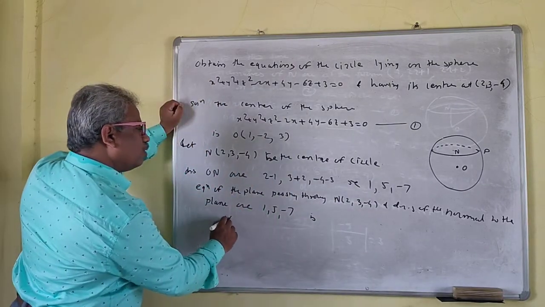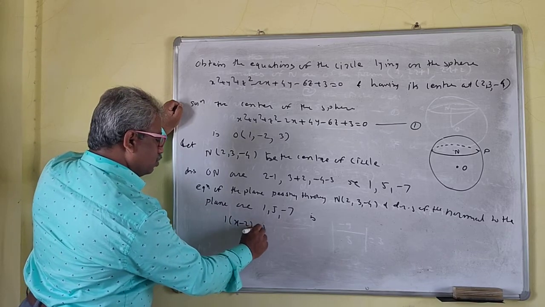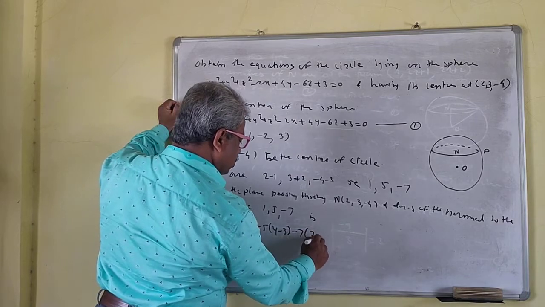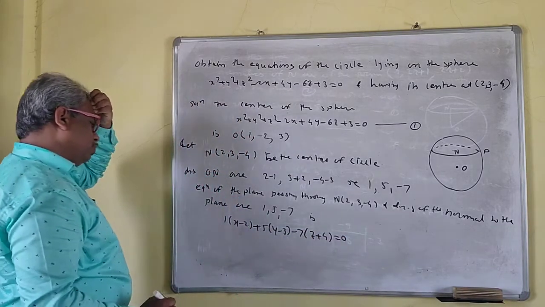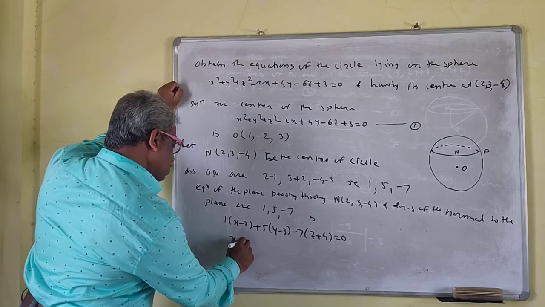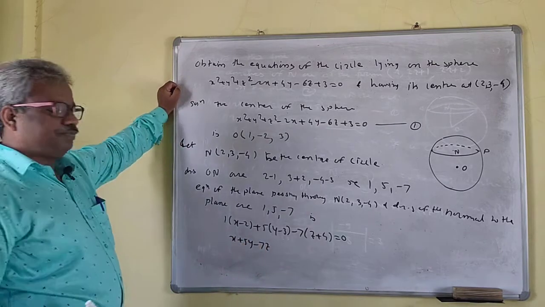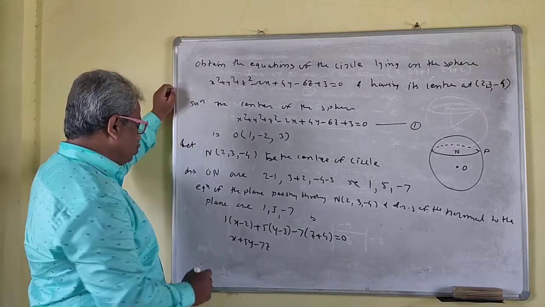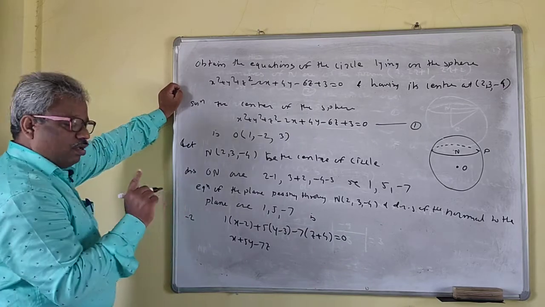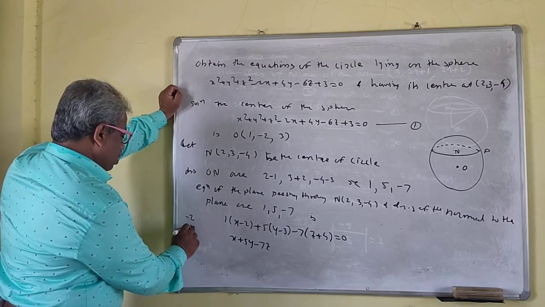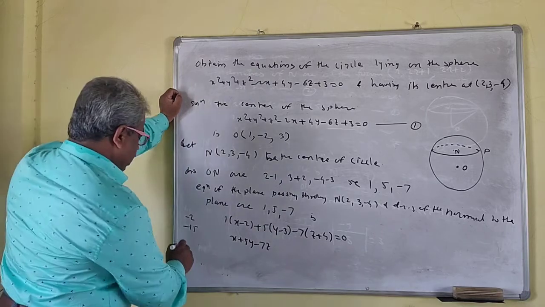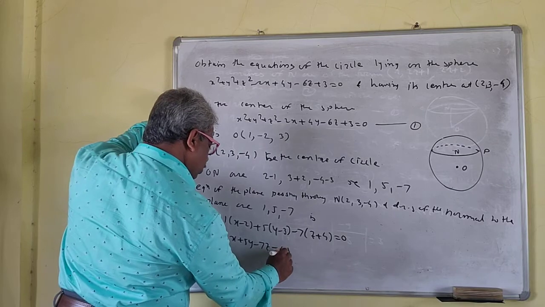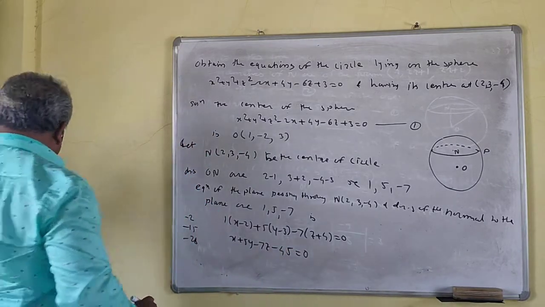So 1 into x minus 2, plus 5 into y minus 3, minus 7 into z plus 4 is equal to 0. So that is x plus 5y minus 7z. We will keep the constant here only. So this is minus 2, minus 15, and then minus 28. So this is minus 30, minus 45.